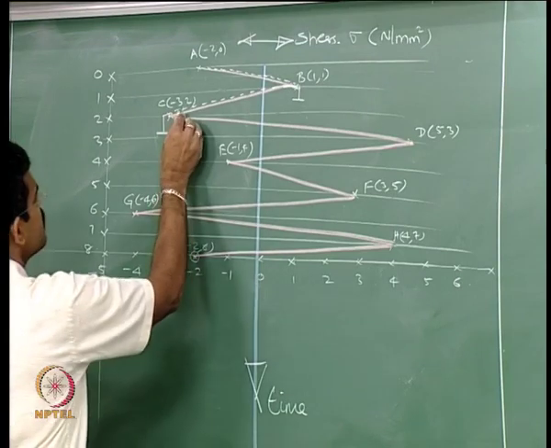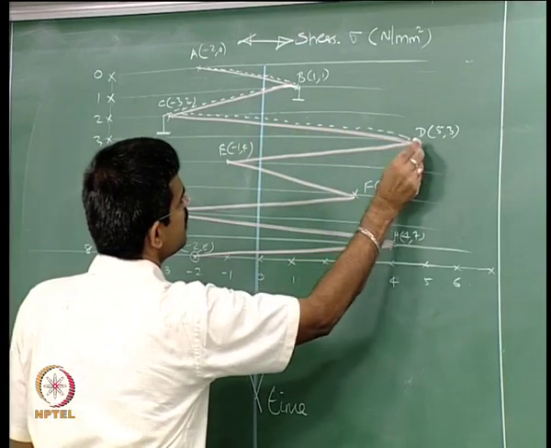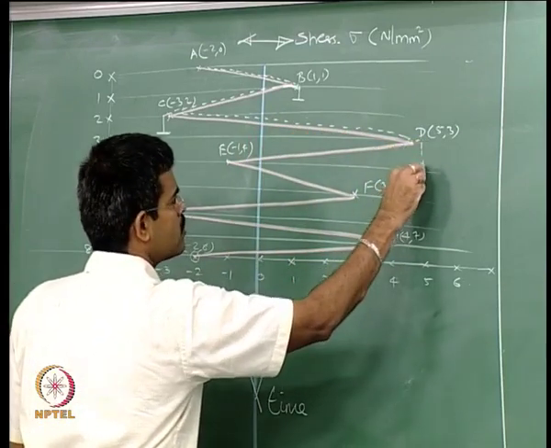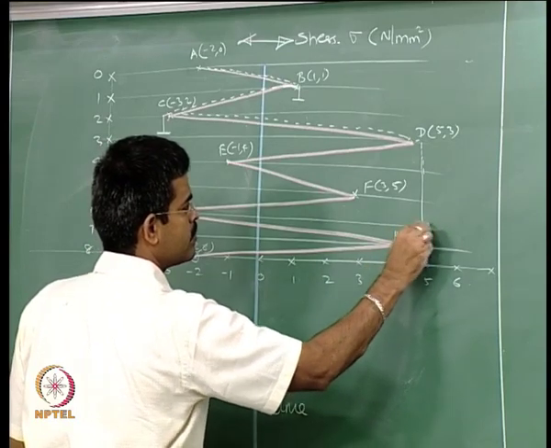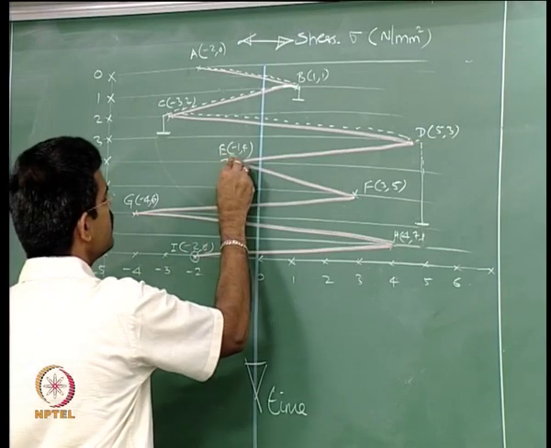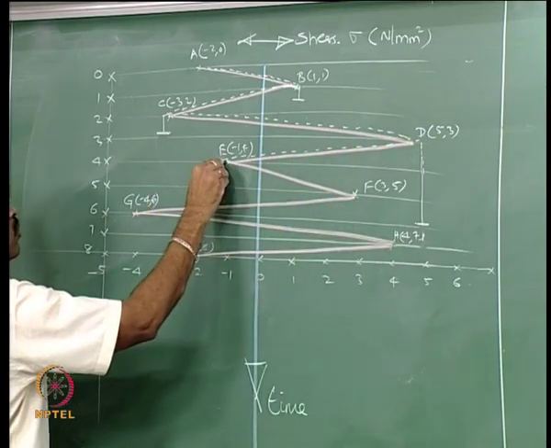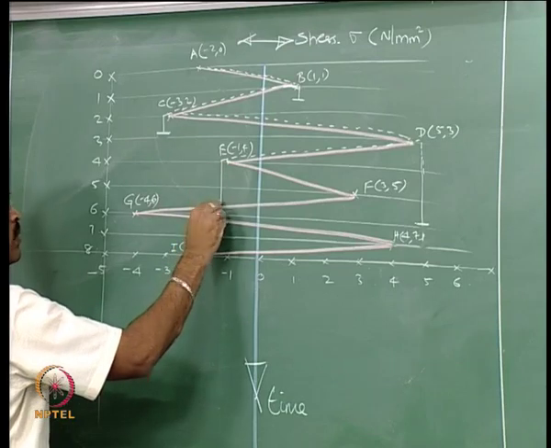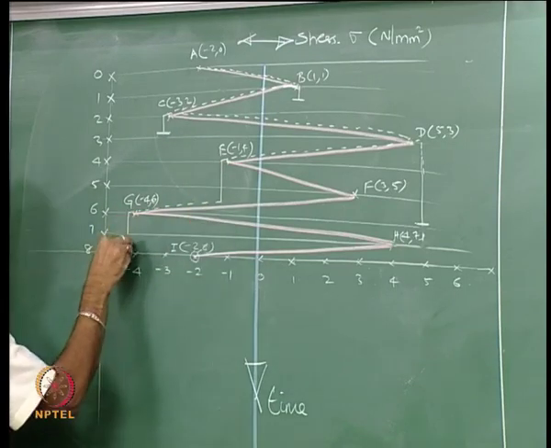From C again it starts, goes to D and it comes down, let us say it stops here. And at D it moves to E, then falls on this roof, then moves further and falls.